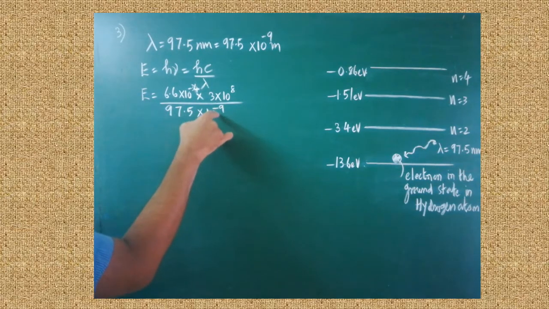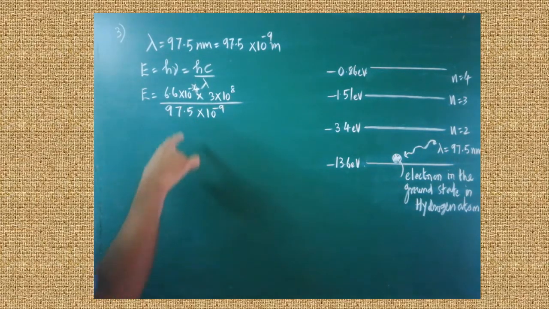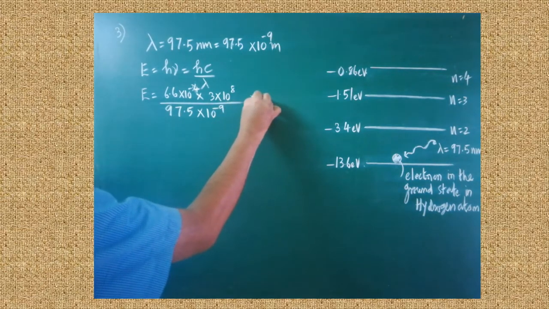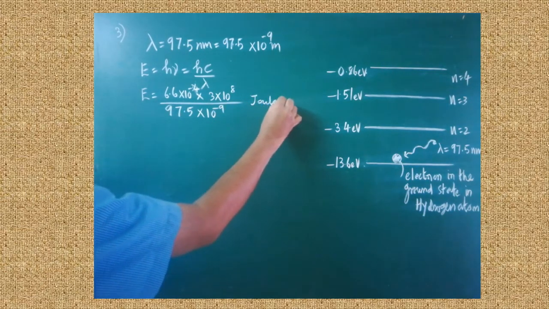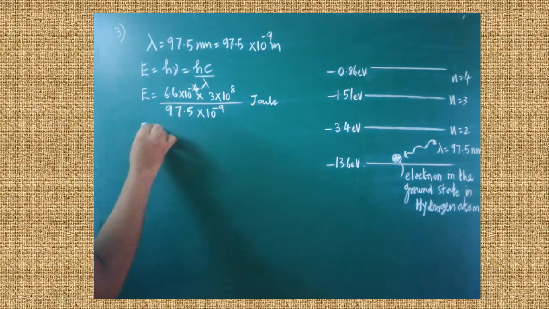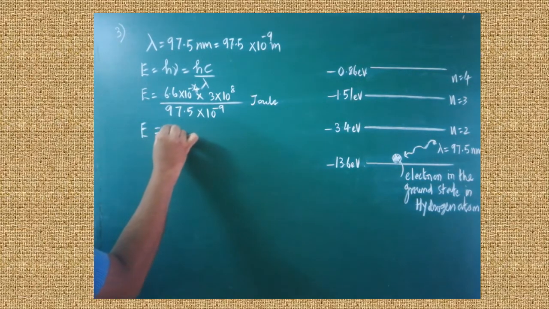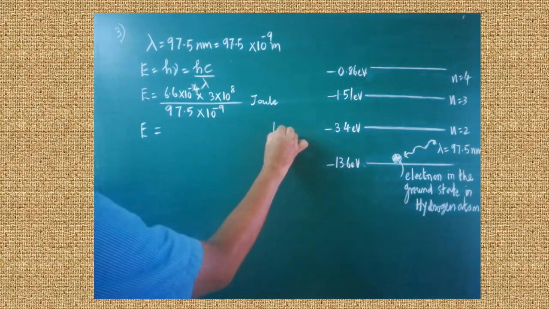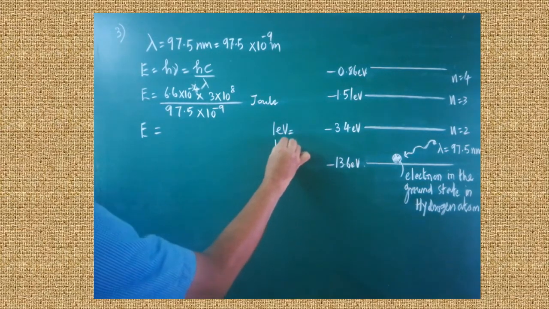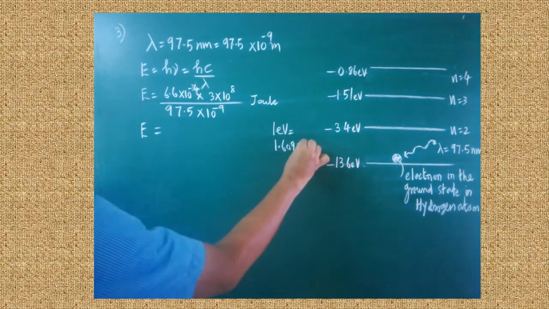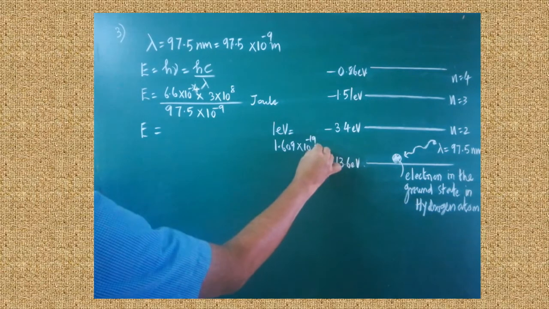The wavelength is substituted in terms of meter. Are you clear? If all values are calculated, you will get the answer in terms of joule. But here the energy value is to be calculated in terms of electron volt. So what do we have to do? 1 electron volt is equal to how much? 1.609 into 10 to the power of minus 19 joule.